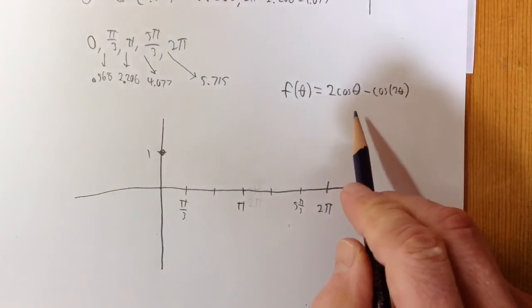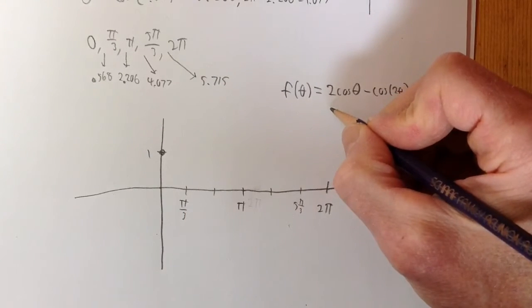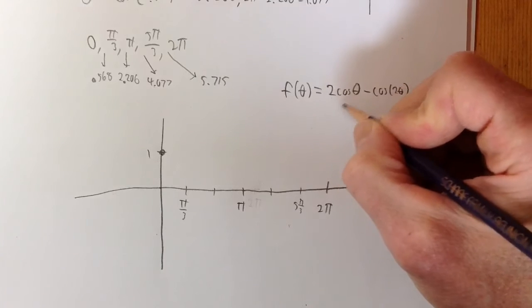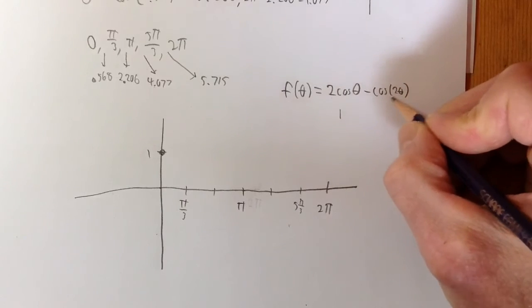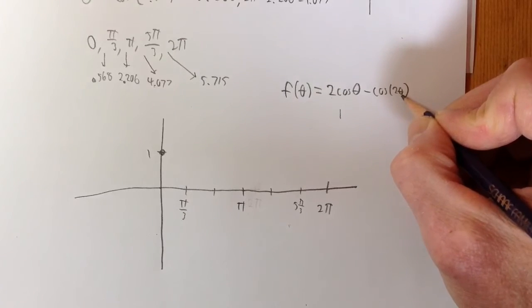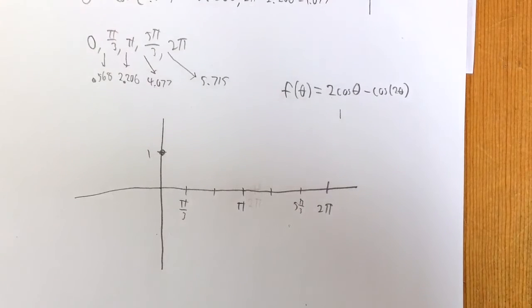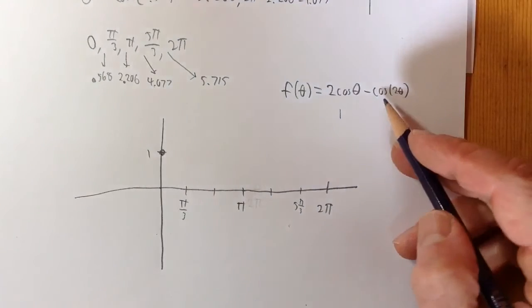Now let's do another easy one. Let's do pi over 3. Sine of pi over 3 gives us 2 times 1/2, that's 1. And here we have cosine of 2 pi over 3, that's double the angle, and the cosine is negative 1/2.